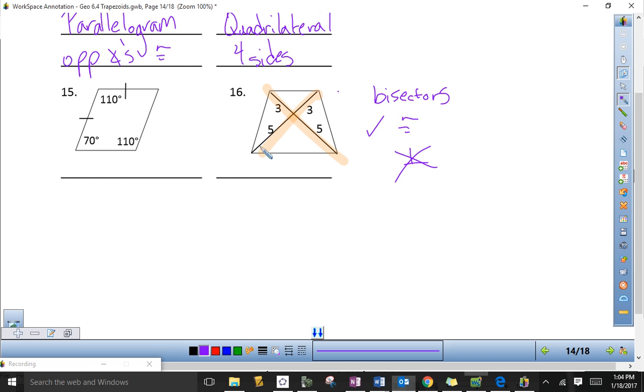Okay, so is this part of the diagonal the same as that one? 5 and 3 are different, so they're not bisectors. So I'm looking for just congruent diagonals. Okay, just congruent diagonals are what we talked about today. Okay, that is an isosceles trapezoid. This is the time where it's okay to just use one reason for isosceles trapezoid when you're talking about the diagonals.